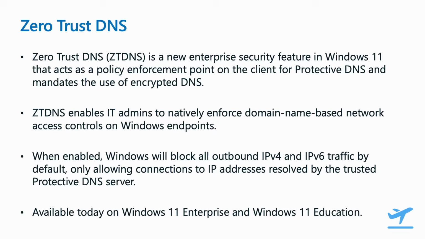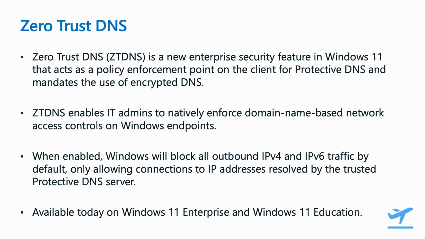The DNS server remains the policy engine, and with Zero Trust DNS, Windows has an inbuilt client-side policy enforcement point that makes it much harder for threat actors to bypass policy that is set by the enterprise IT admin on your device. ZTDNS is off by default and needs to be configured by an IT admin.